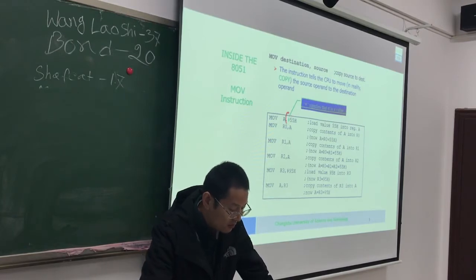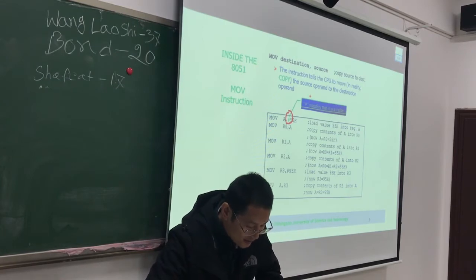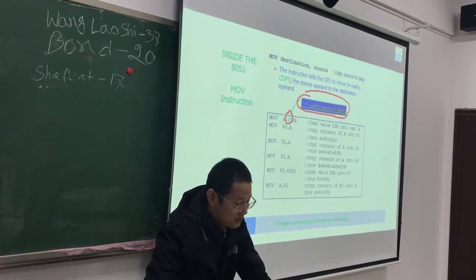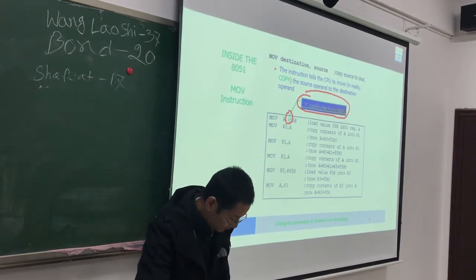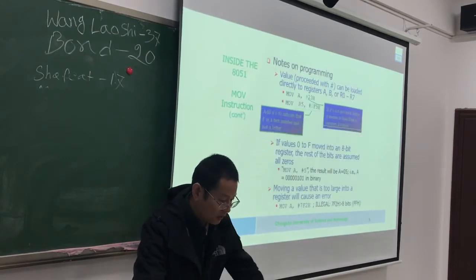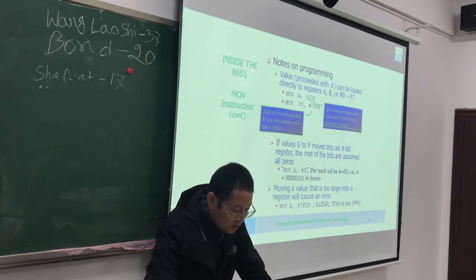The pound before the number means that it is a value. It signifies that it is a value. Notes on programming: a value can be loaded directly to register A, B, or R0 to R7.